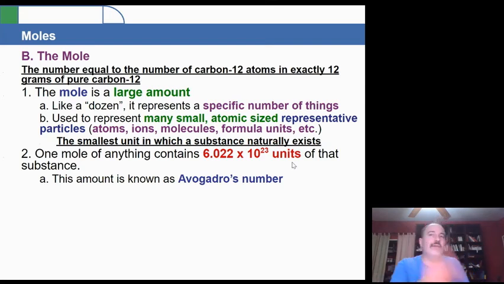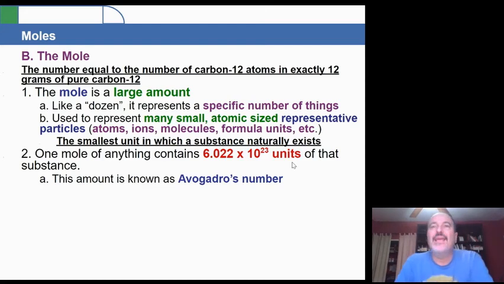But the beauty of this number is if you have exactly that number of U's, let's say, protons or neutrons or anything that weighs one unified atomic mass unit, if you have 1 mole of those, then it would weigh exactly 12 grams.